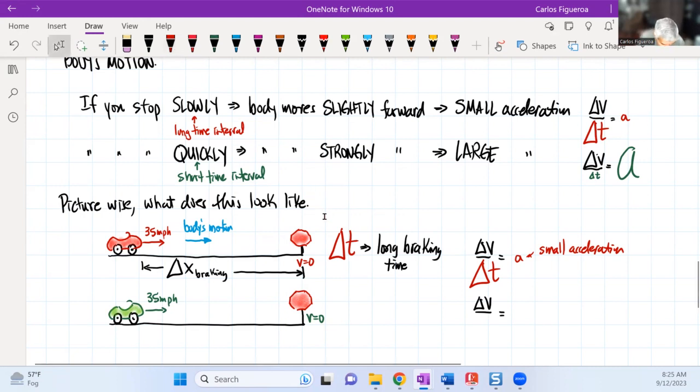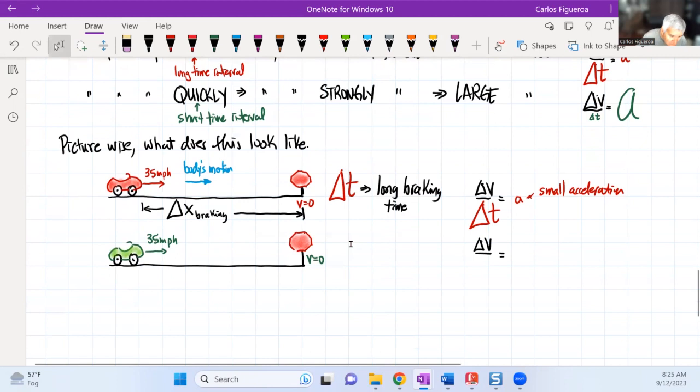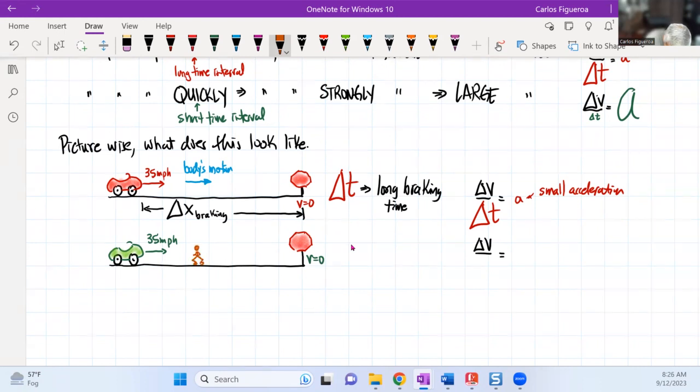Now let's go back to the green car. So when I look at the green car, unknown to you, as you're driving, a little kid runs out in front of you, right? So this little kid right here is standing in the street, and hopefully you don't speed up because you see the little kid.